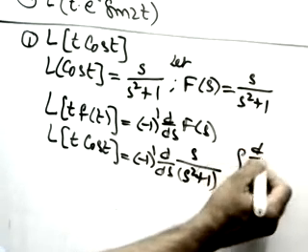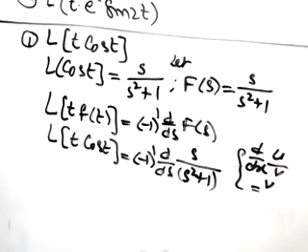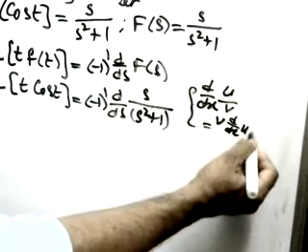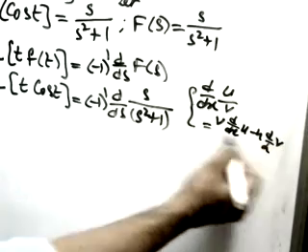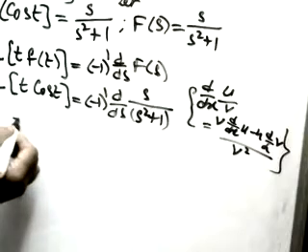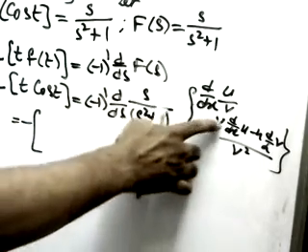Now we have to differentiate this. We know d by dx of u by v is v d by dx of u minus u d by dx of v, divided by v square. This is the formula we use when we are dividing something. Minus 1 power 1 is minus.